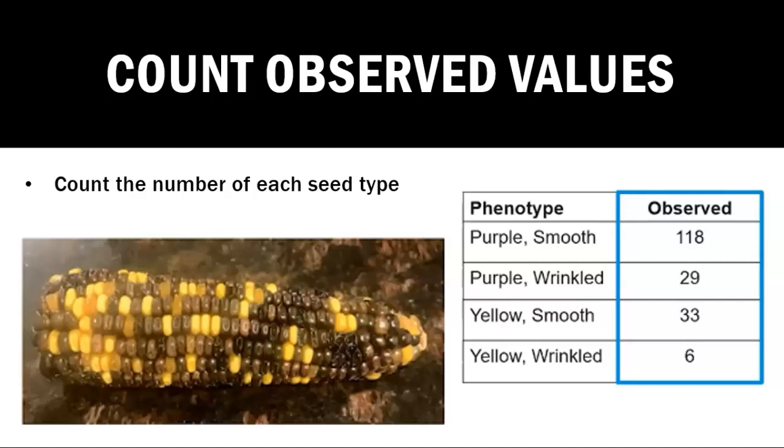I counted 29 purple and wrinkled seeds. I counted 33 yellow and smooth seeds, and I counted 6 yellow and wrinkled seeds. The way that I got these observed values is by literally grabbing this corn and counting each of those seed types.